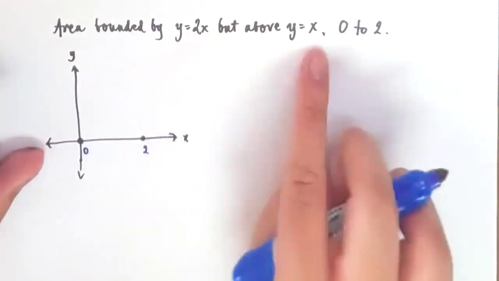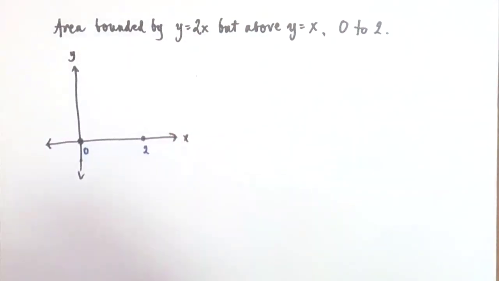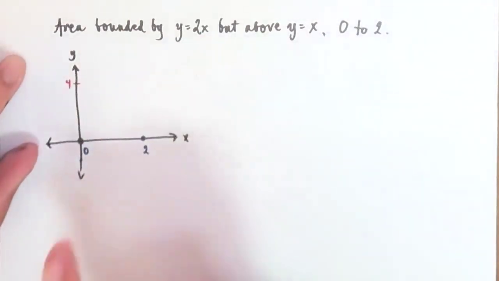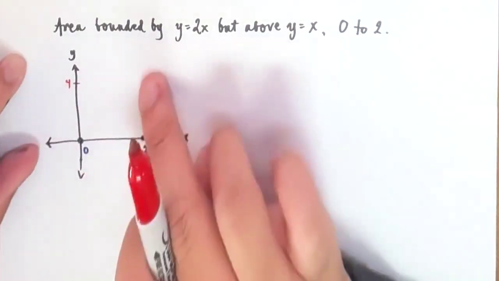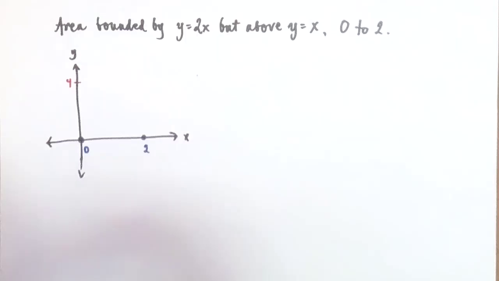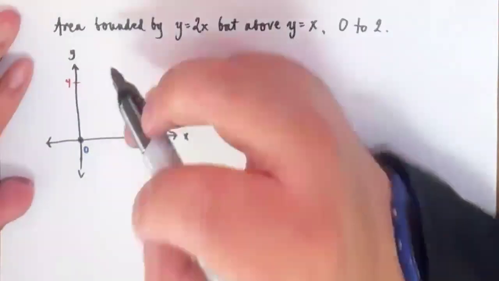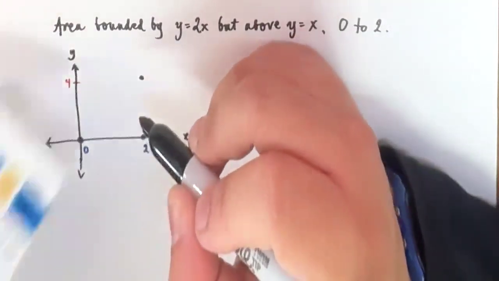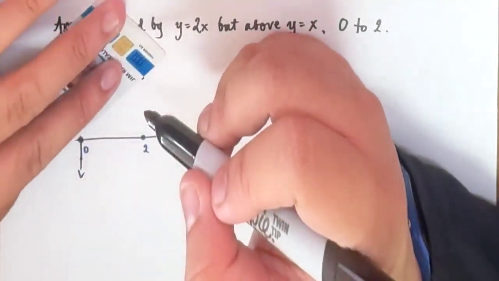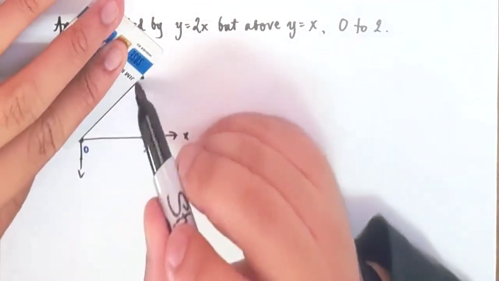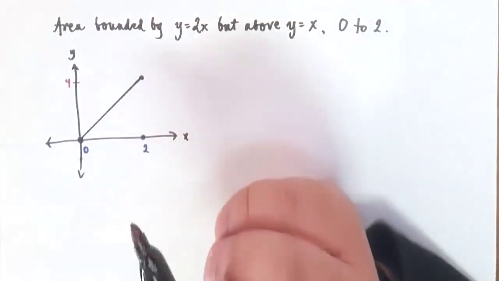Now let's graph these two curves right here. y equals 2x. In this case, it's from 0, 0 to 2, 4. So it looks like this. Should I get a ruler?